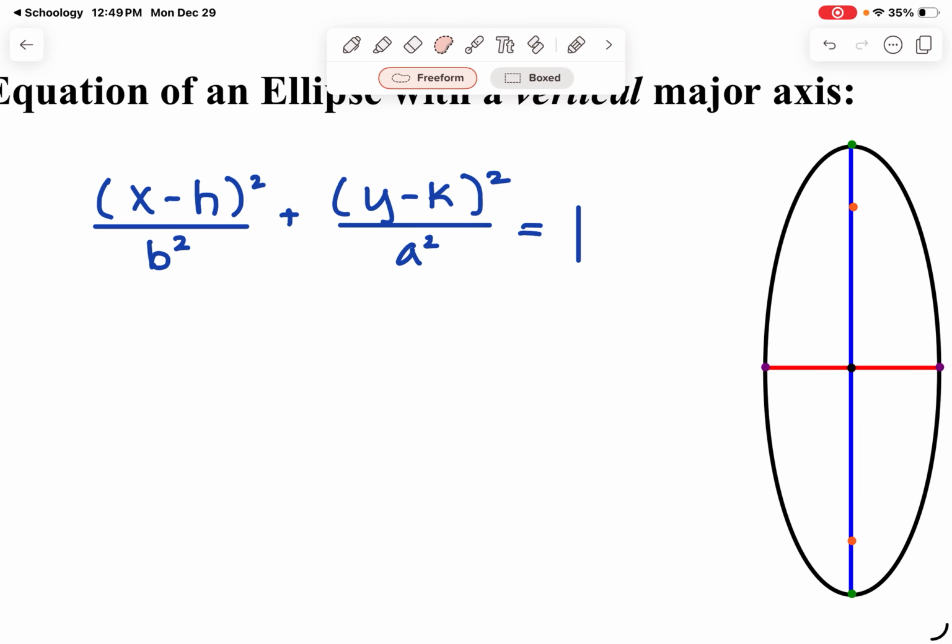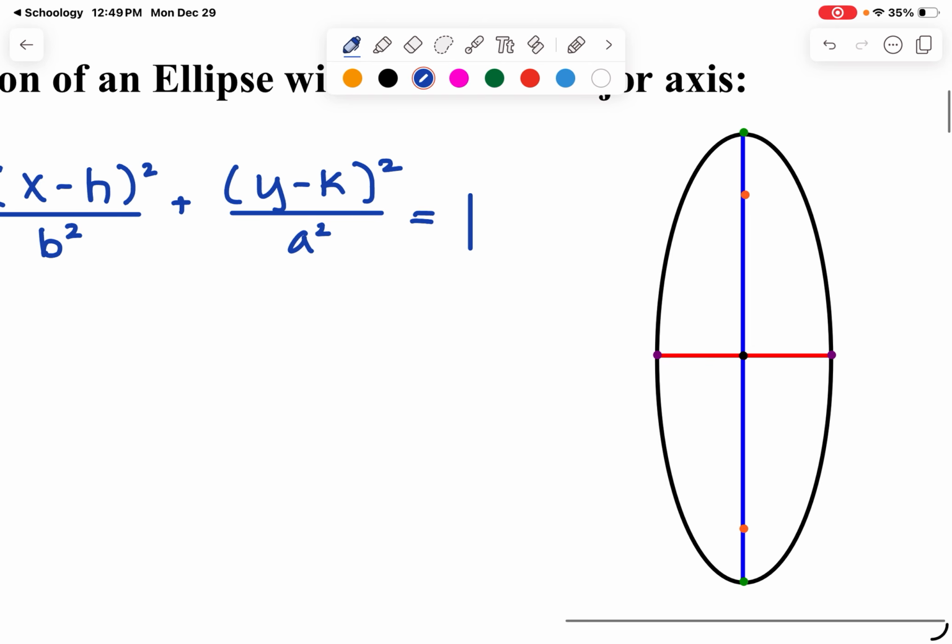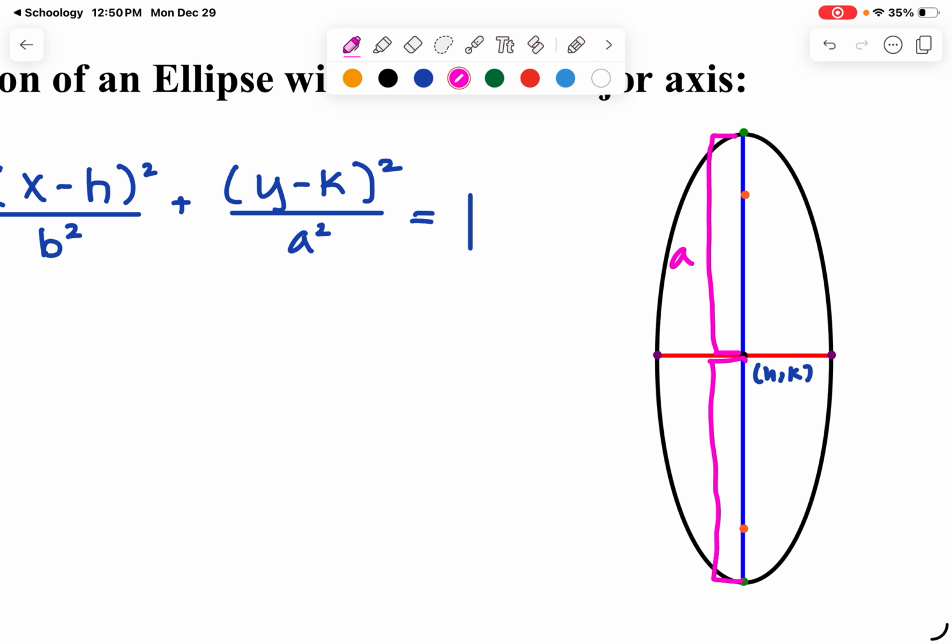Once again, the center, HK. A is the distance from the center to a vertex. A. B is the distance from the center to a covertex.